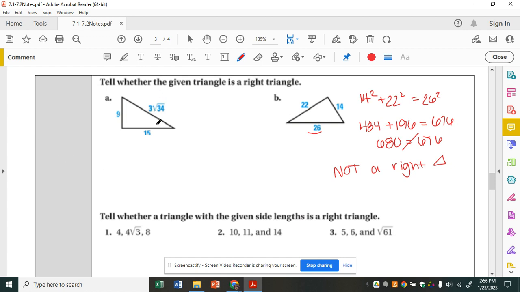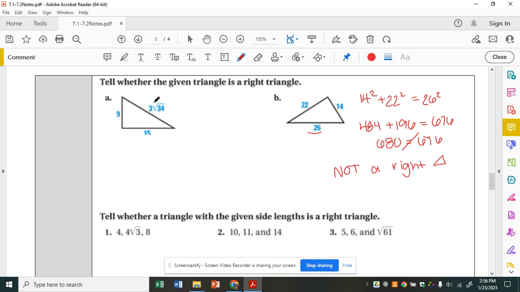Okay? The reason I wanted to hold off on letter A is because we have to talk about the rule of squaring something that has a square root. If you plug this into your calculator and turn it into a decimal first, you should be able to see that this is going to be the longest side out of these 3 sides here.